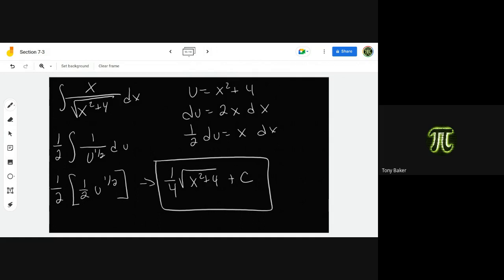Remember, we just did x squared plus 4. We started with it. So go back and use stuff that you already have.